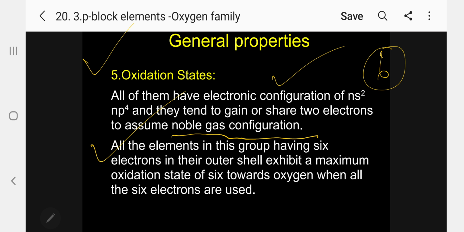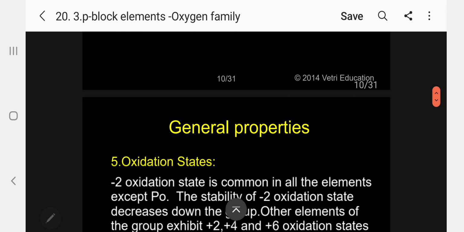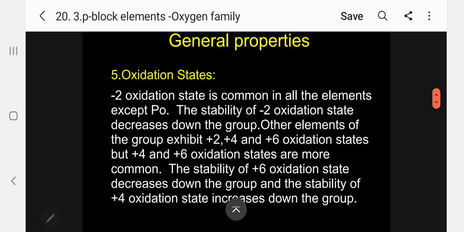All the elements in the group, having 6 electrons in the outermost shell, exhibit a maximum oxidation state of 6 towards oxygen when all the 6 electrons are used. So when it reacts with oxygen only, it will show a maximum of 6 valency.